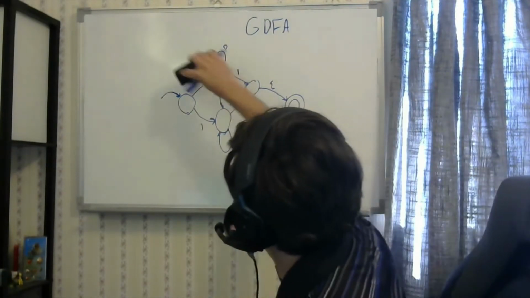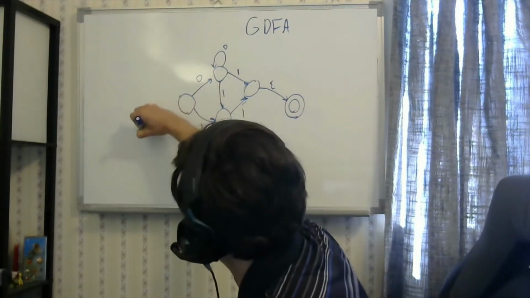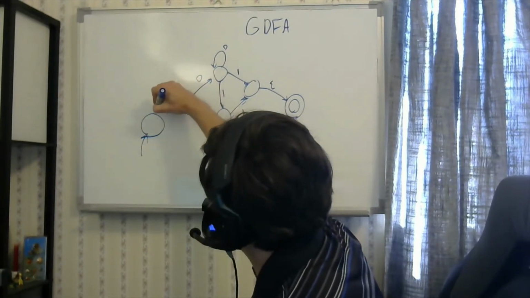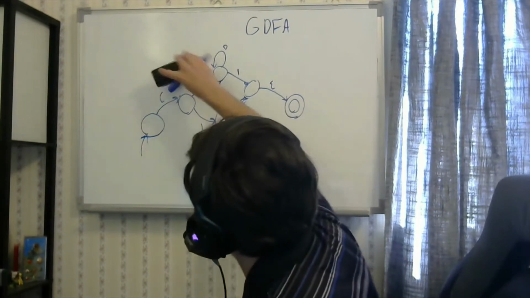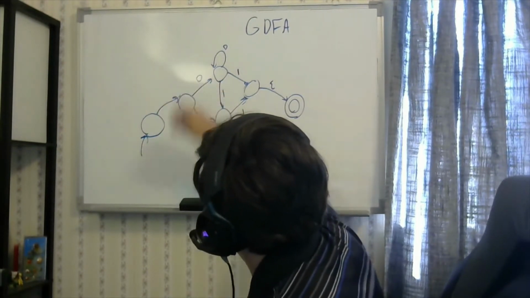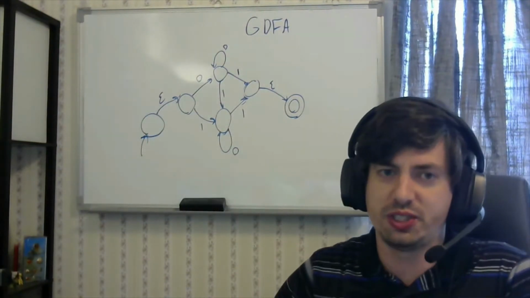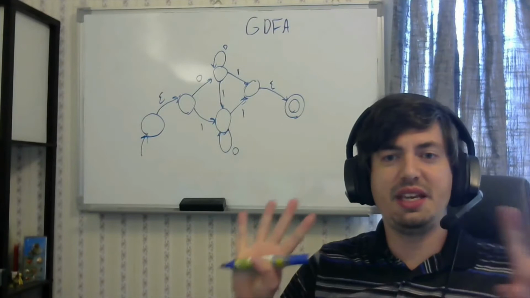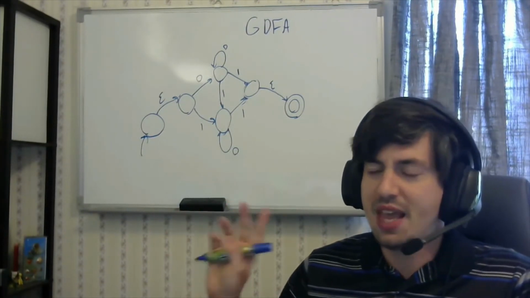And similarly, anything that could be reachable by a start state is going to have an empty string edge getting to it from our general start state over here. So now we say this is the beginning of our generalized deterministic finite automata.